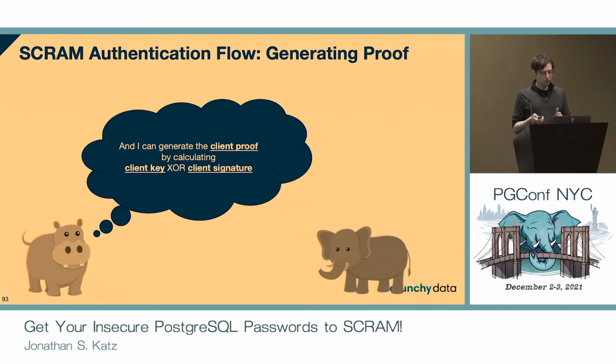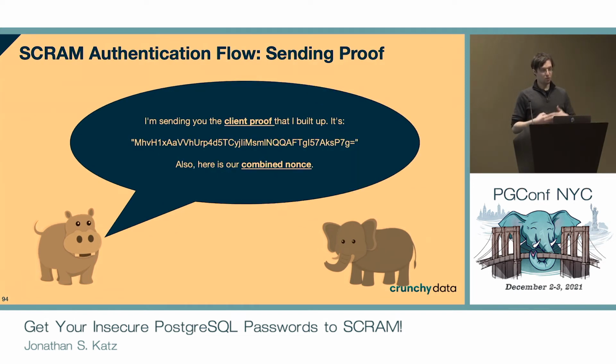What we do from there is put it into a base64 format, and we take the nonce we had generated in the beginning, and send that up to Postgres. So what we're ultimately sending up is the client proof and the nonce, to make sure that we're still in the same session. We're going to remember what that client proof is, because this is the step where we can now verify the client knows the password.